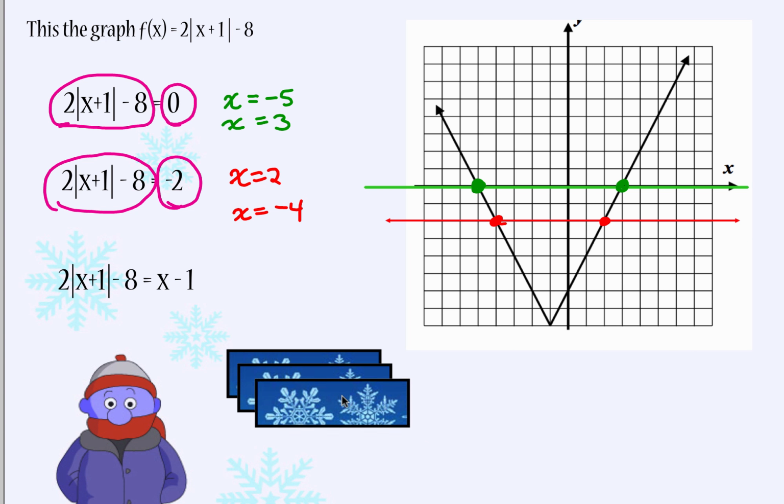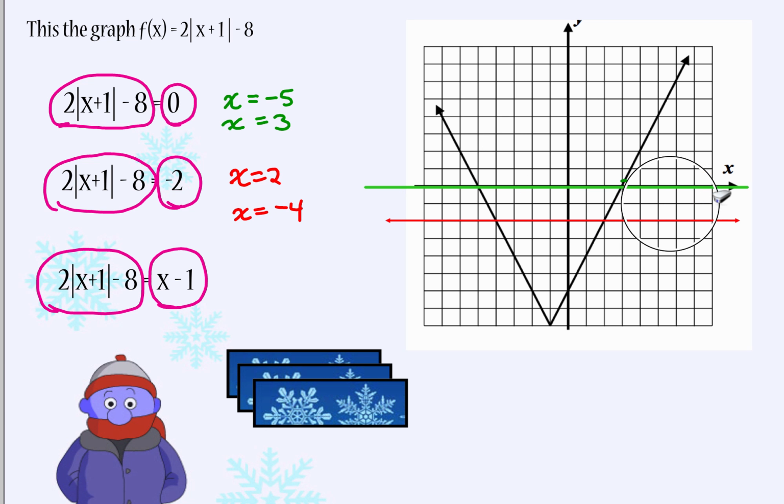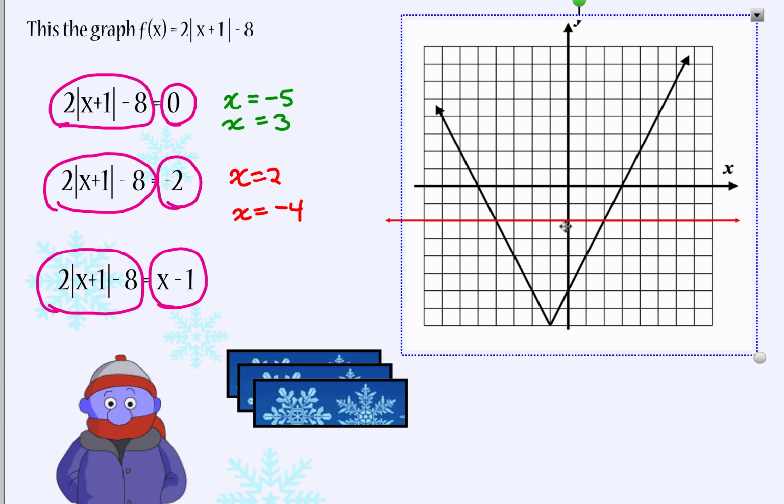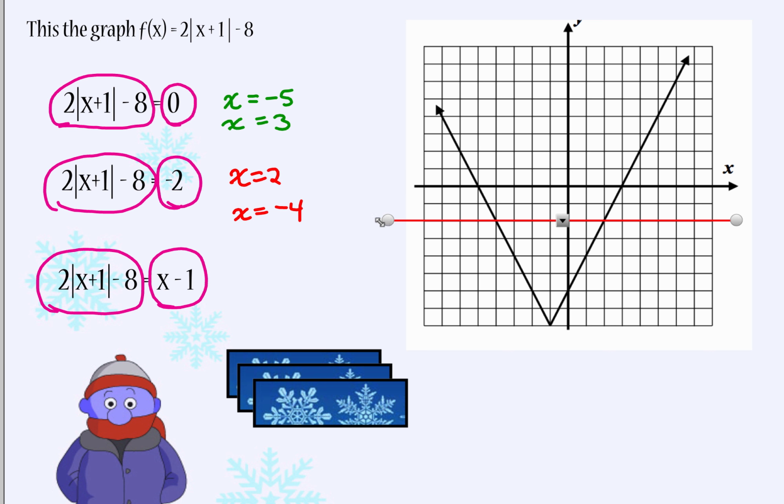What's the last one asking us? Where does our absolute value cross the line x -1? All right, so we just have to do a little cleaning up over here. Let's get rid of one of these lines. And now I need -1.